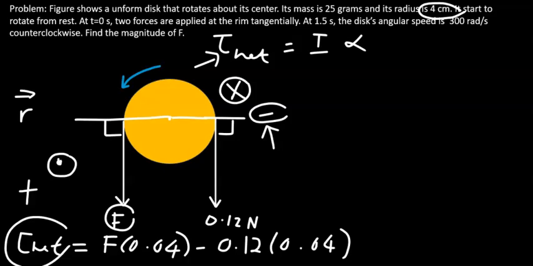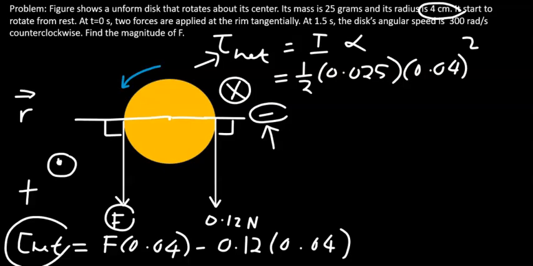Now the right-hand side. Moment of inertia of a disk is half times its mass. Mass is 25 grams, so you have to change that into kg, so 0.025, times the square of the radius in meter, 0.04 squared. Now what is alpha? Alpha is given by the rate of change of angular speed, like that.